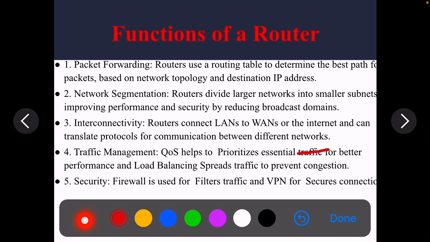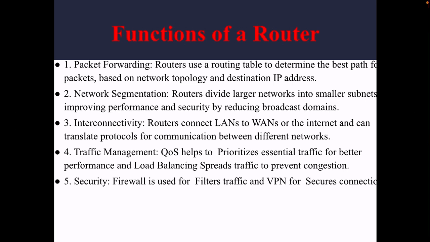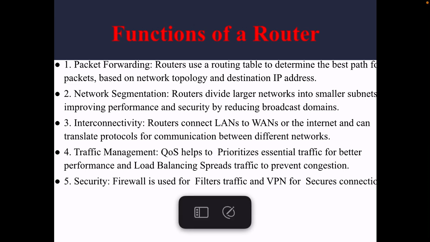The next point is security. A firewall is used to filter traffic and a VPN is used for secure connection. There are two things used for security purposes: firewall and VPN. Many routers have built-in firewalls that filter incoming and outgoing traffic based on security rules.